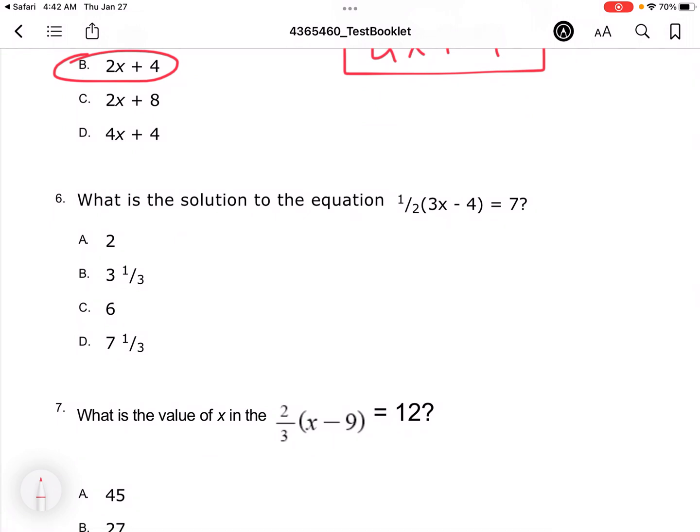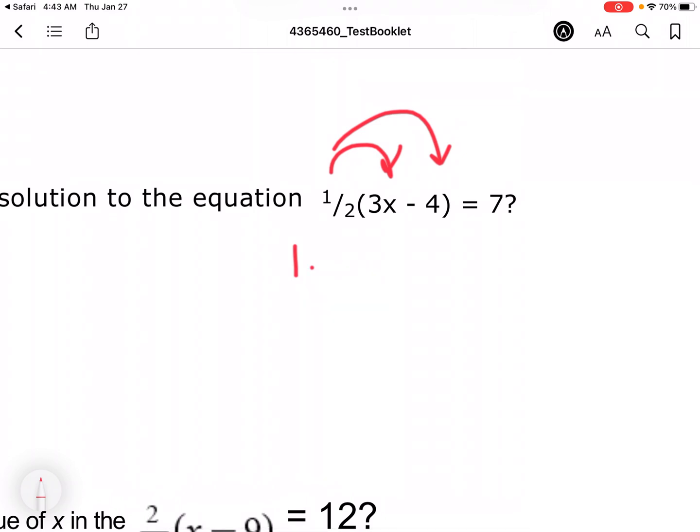Now, what is the solution to the equation? So now this is not an expression. We have to actually solve this one out. So half of 3 would be 1.5, or you could get 1.5, whatever works for you. Half of 4, and this is a negative 4, so half of negative 4 would be negative 2 equals 7. So if I subtract 2, I'm going to add 2 to each side.